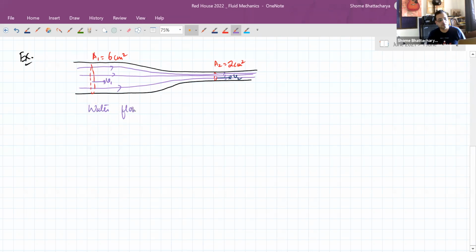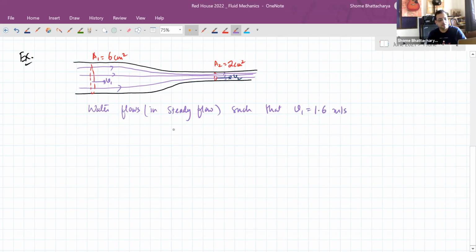So given that water flows in steady flow such that v1 is equal to 1.6 meters per second.